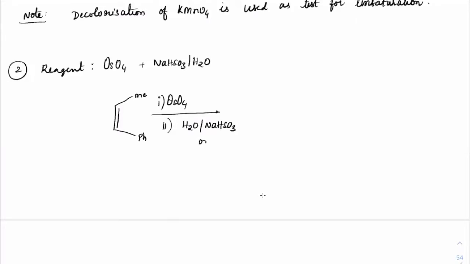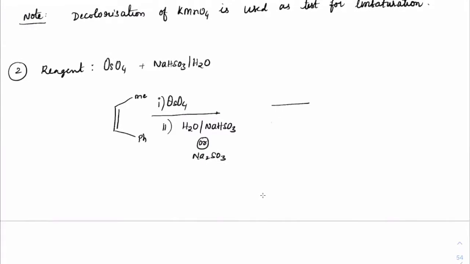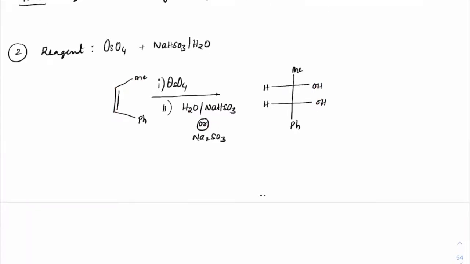Okay, or you can take Na2SO3 also, sodium sulfite. Either way it will work. This would give us OH, H, methyl and phenyl. Same erythro formation here, because you are adding cis with syn addition, so that will give you erythro form. And since this would also have a mirror image here, it will form a racemic mixture.